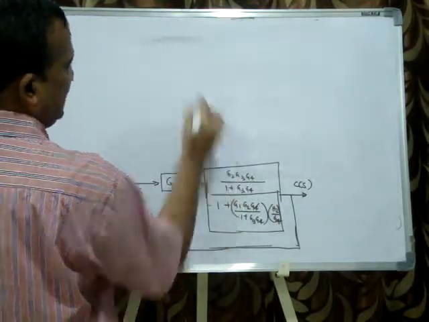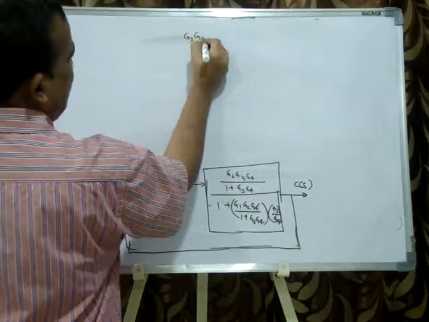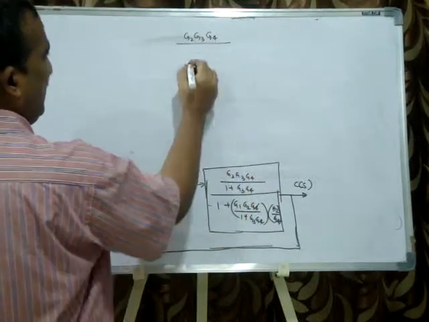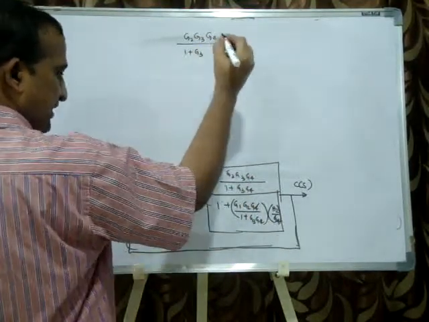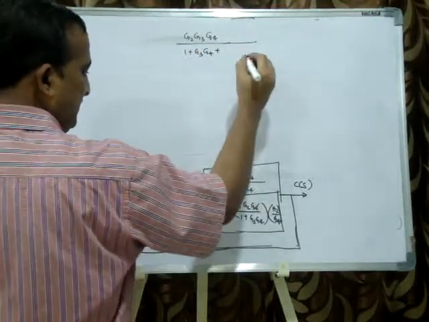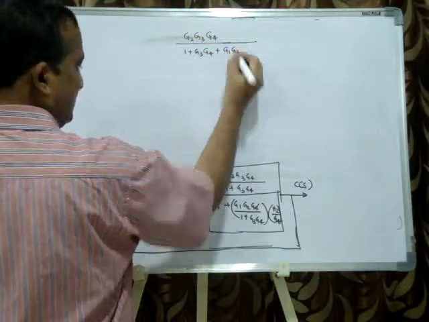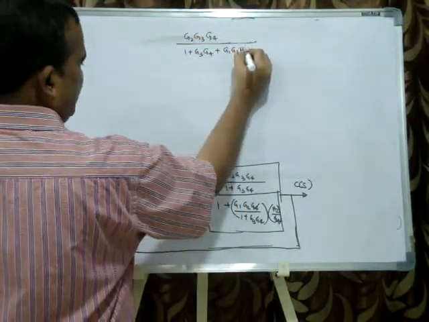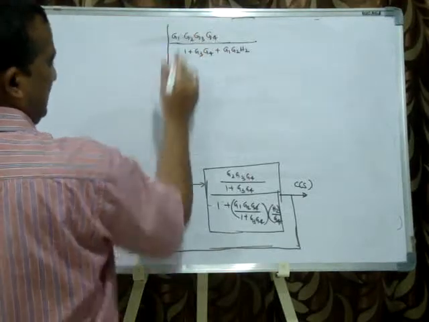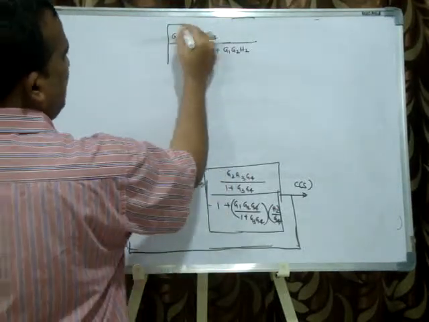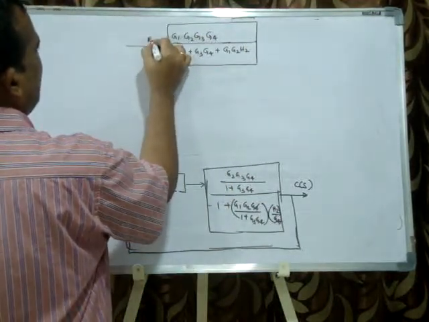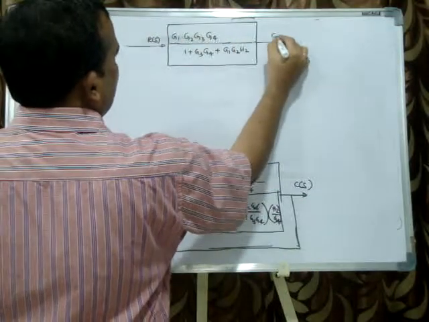Okay, first I'll write G2 G3 G4 divided by 1 plus G3 G4 plus G1 G2 H2, and multiply by G1, here R(s) and here C(s).